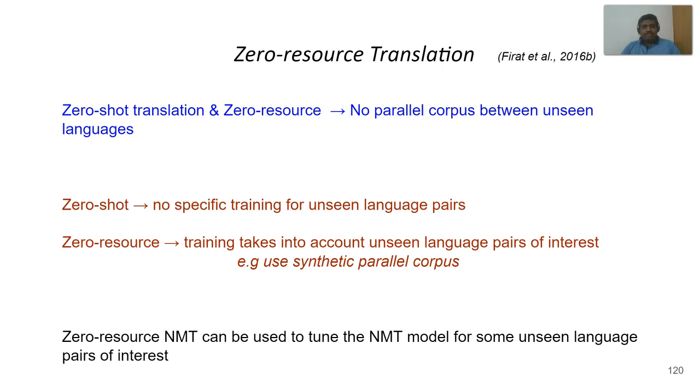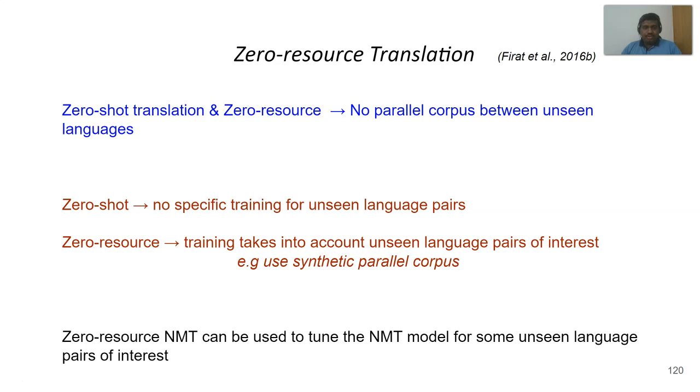In the case of zero-shot translation, during training, we don't do any specific training for any particular unseen language pair. We do have additional objectives to minimize encoder representation distances, etc., but that's not geared towards improving any particular zero-shot translation direction as such.